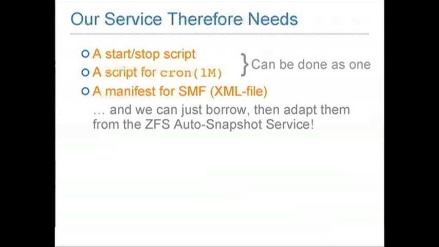The start and stop script of our service, which actually only needs to make sure that cron is set up correctly, can be merged with the script that's run by cron. So you only have to write one script, and at the beginning it just tests: have I been called with a start or stop argument, or with something else? If it's something else, it just assumes that it's running from cron, and then it does the cron thing.